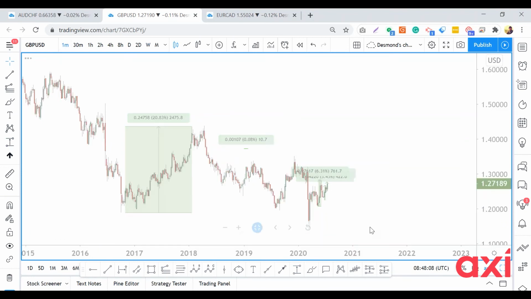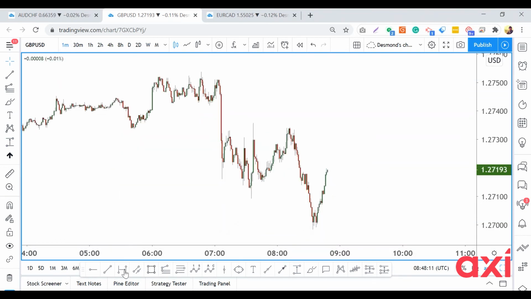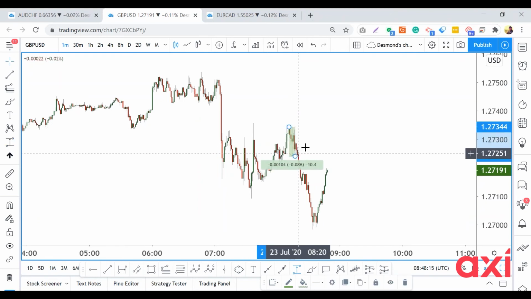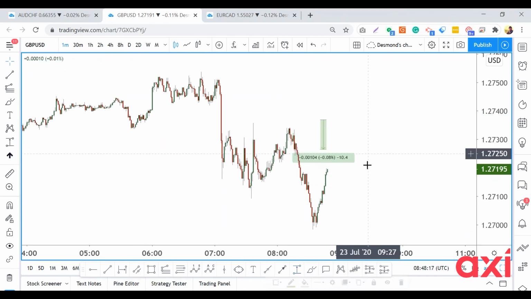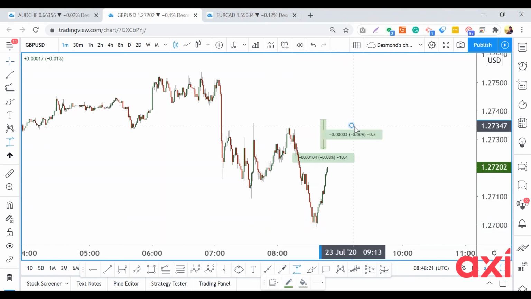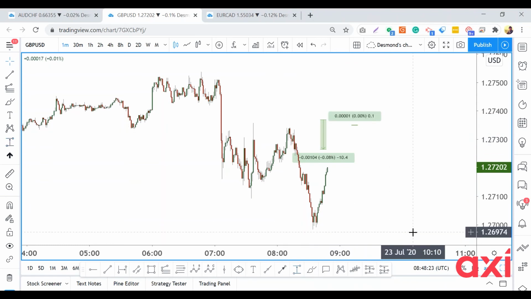But on a 1 minute chart, this is 10 pips. 10 pips on the weekly chart is literally like this. So there's a difference. Depending on your time sensitivity, you pick a different style of trading. You pick a different amount that you want to go for when you trade.